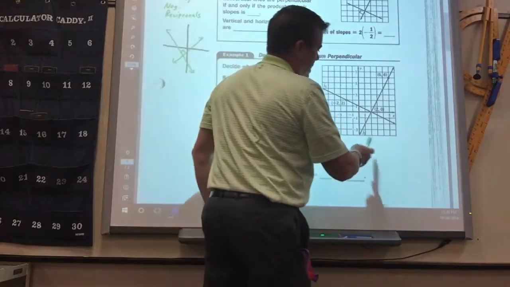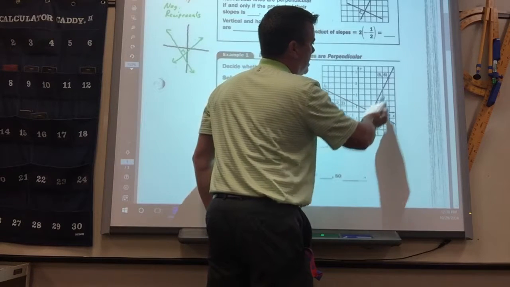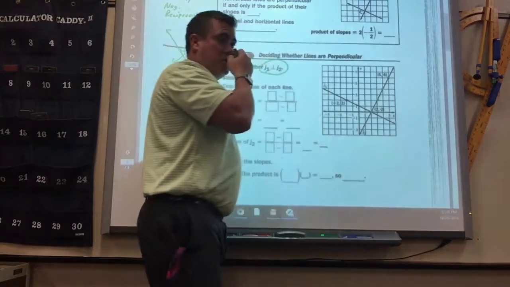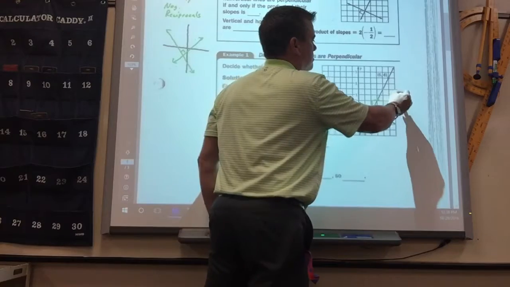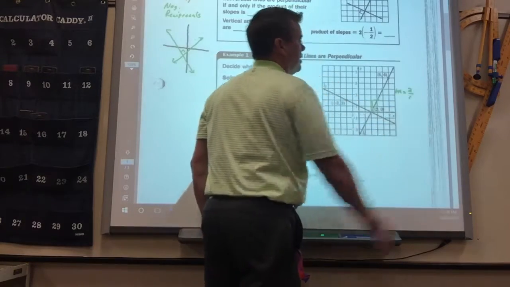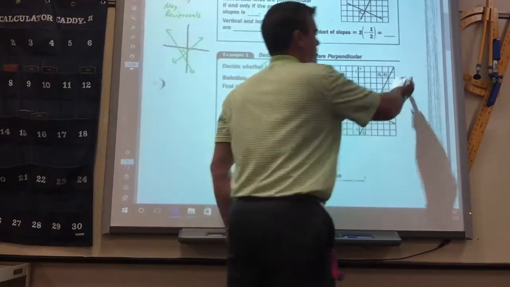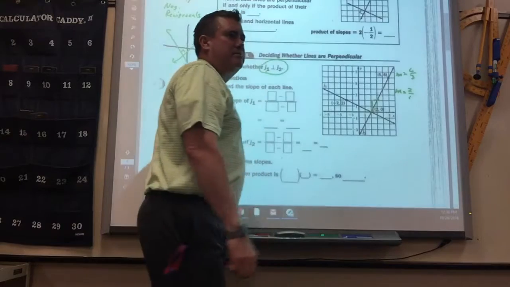So to find this slope, again, I could go from this point up to here, but remember, you can choose any point that that line goes through. So this goes up 2 and over 1. I could have gone up 6 and over 3. I'd get the same 2 over 1, okay?